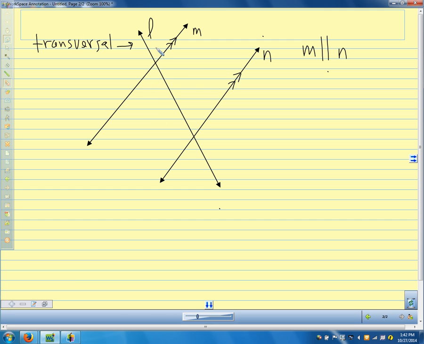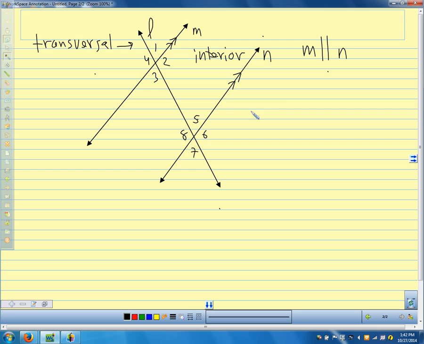And we have on our graphic organizers 1, 2, 3, 4, 5, 6, 7, and 8. We call the space, the part between the parallel lines, the interior. So between the parallel lines is the interior.